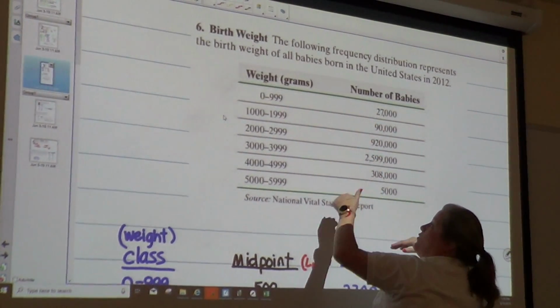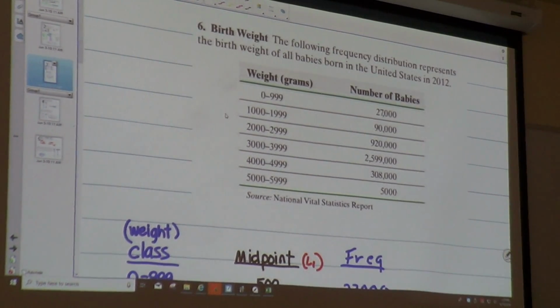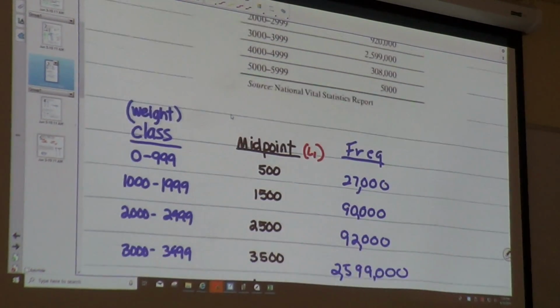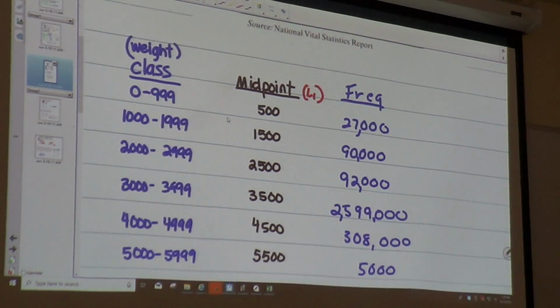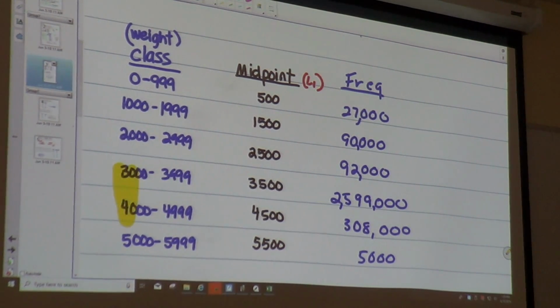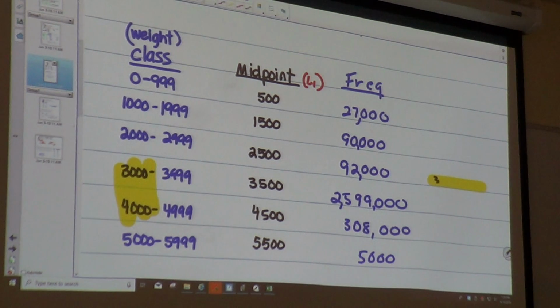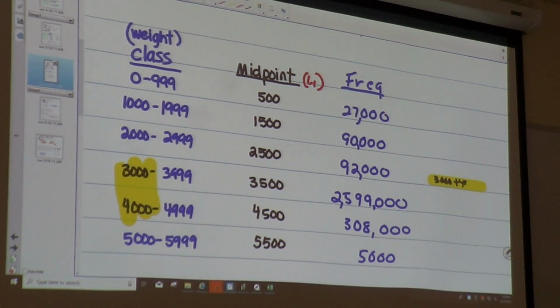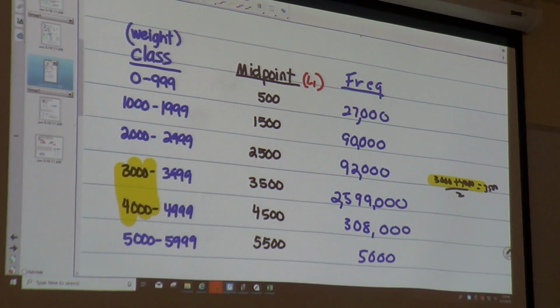That will be your L1, and your frequency will be your L2. You don't have to work it out, but I'm just going to randomly pick those two that I picked just now. I did 3,000 plus 4,000 cut in half. That's where that 3,500 came from.